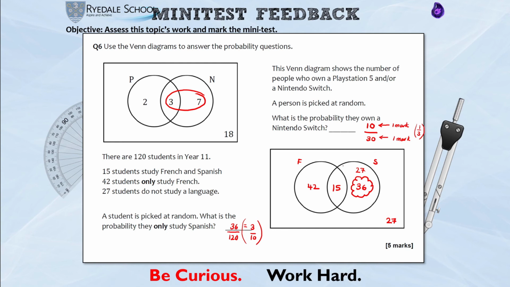I'd probably get 1 mark for partially my Venn diagram being correct. Okay, so if you're not sure again how many marks to allocate yourself, for the Venn diagram it's 2 marks. If you've got maybe 1 or 2 mistakes, give yourself 1 mark. And for this part, as long as it's that number over 120, you can have the mark.